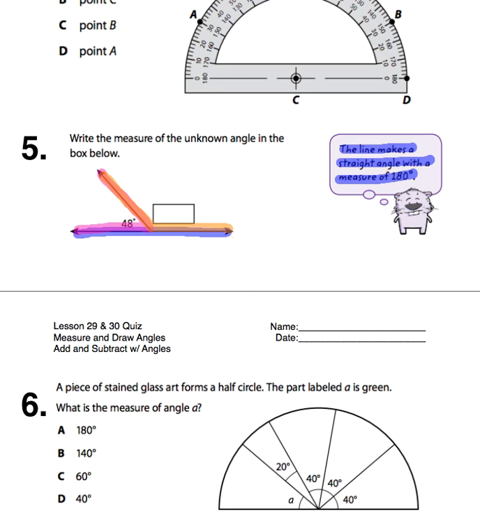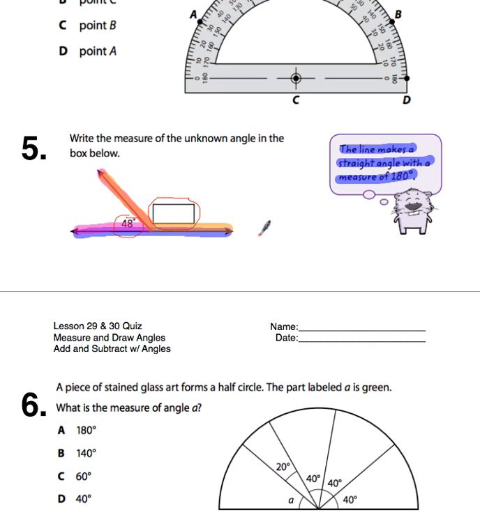So there are 3 angles here. You should absolutely know the measure of the straight angle. Hint, hint. You should absolutely know the measure of the smallest angle here because it's written right here. And now you need to figure out the measure of this angle.